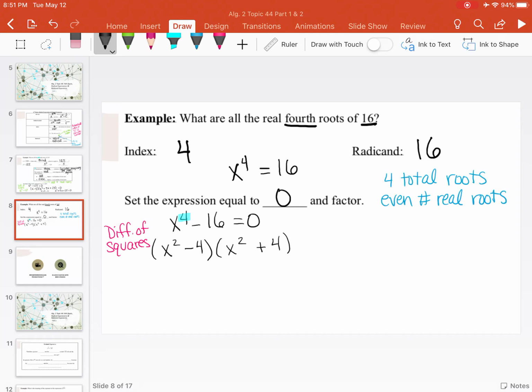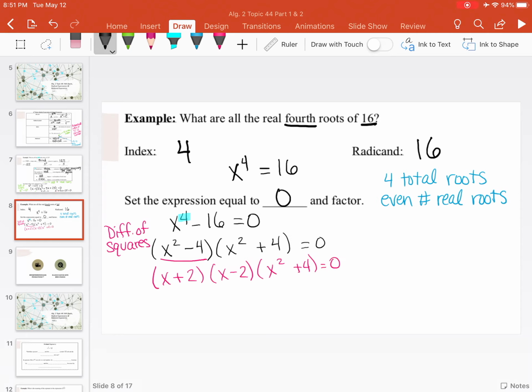But wait, there's more. We also have a difference of squares right here, x squared minus 4. So I can break this up to be x plus 2 times x minus 2, and then bring down this x squared plus 4 equals 0.